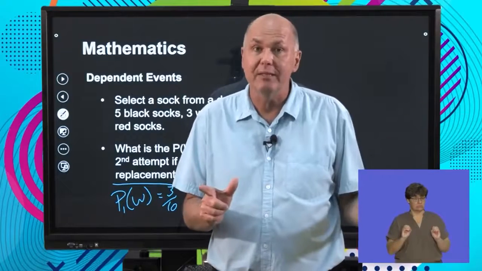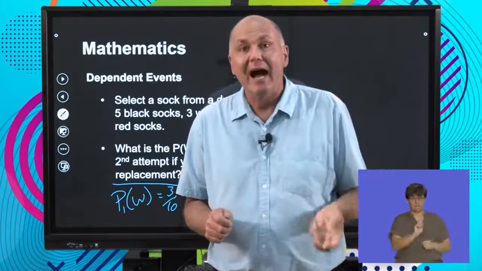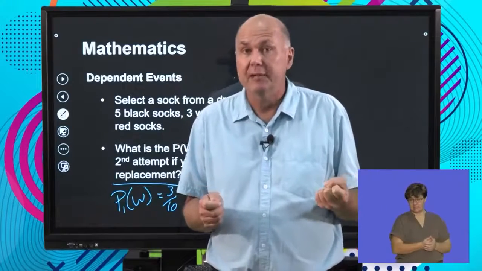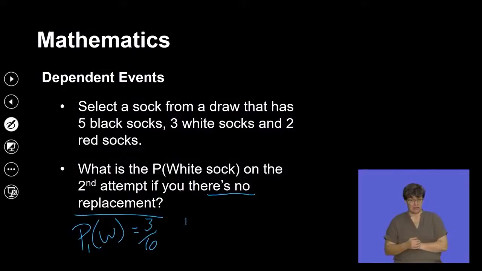There are two possibilities. The one possibility is in the first event, I could have taken out a white sock. Let's say I took out the white sock. Then in the second event, notice what I've got. This is the probability of the second event. There's no replacement now. In the second event, how many white socks are left?